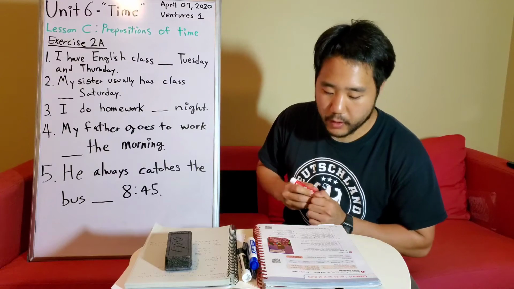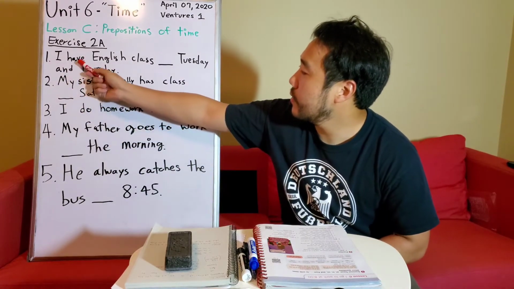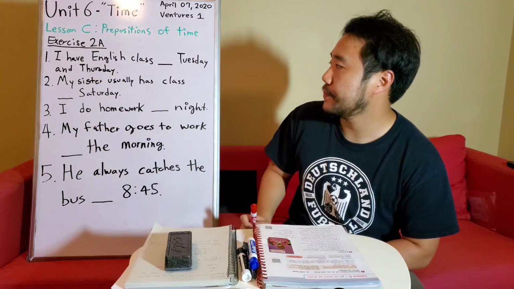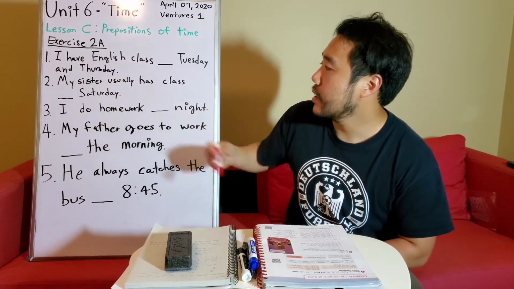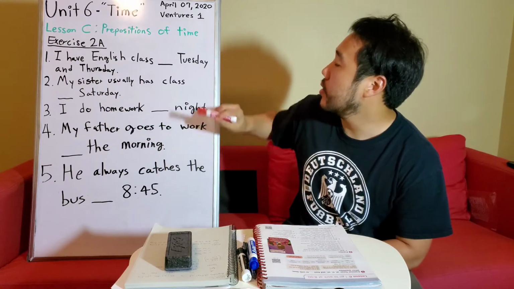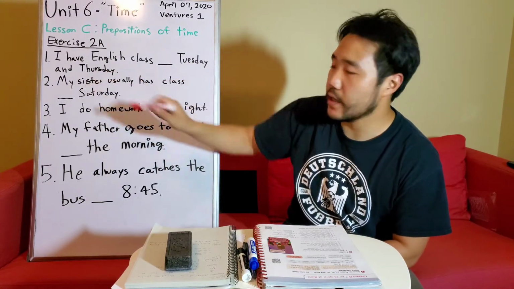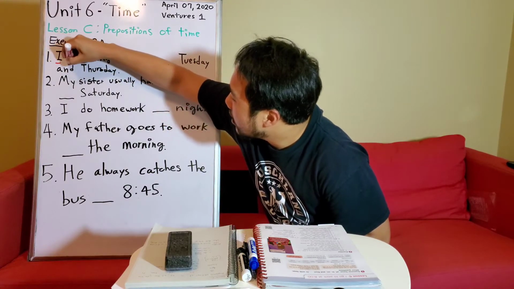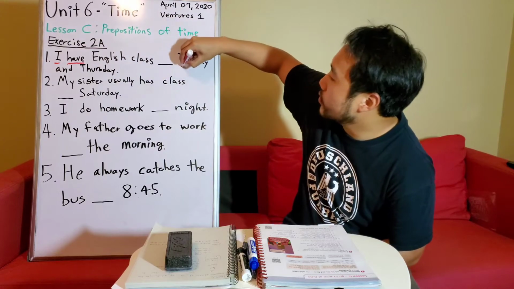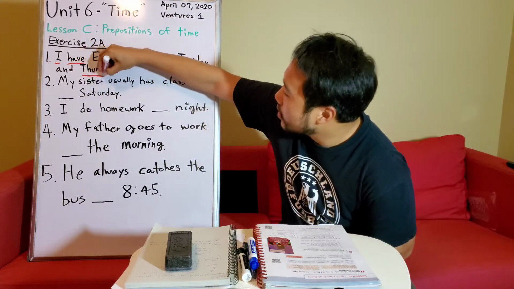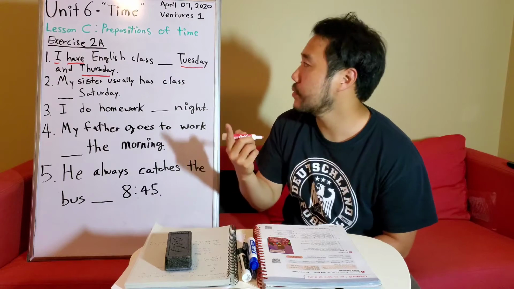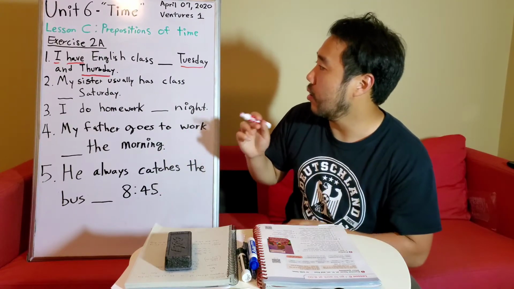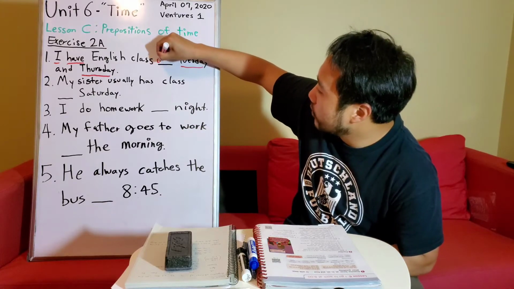So number 1, we have, I have English class, blank, Tuesday and Thursday. I is a subject pronoun, and then we have Tuesday and Thursday. And what is the preposition for days and dates? That's on. So we have on.